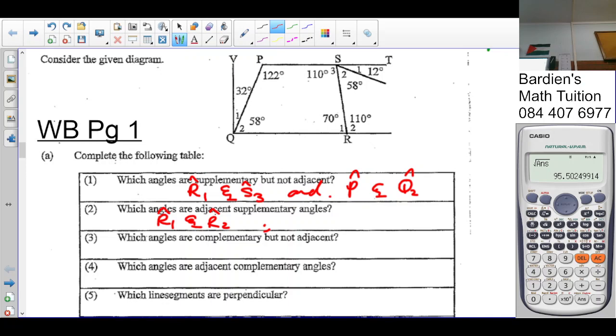Q1, but they say not adjacent, so not next to each other. Q1 and S2. You see this angle here plus that angle here adds up to 90. Okay? So any other? No.